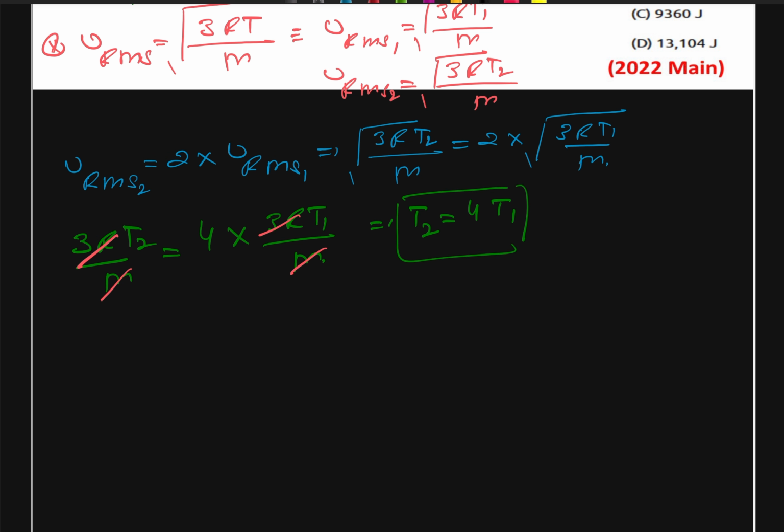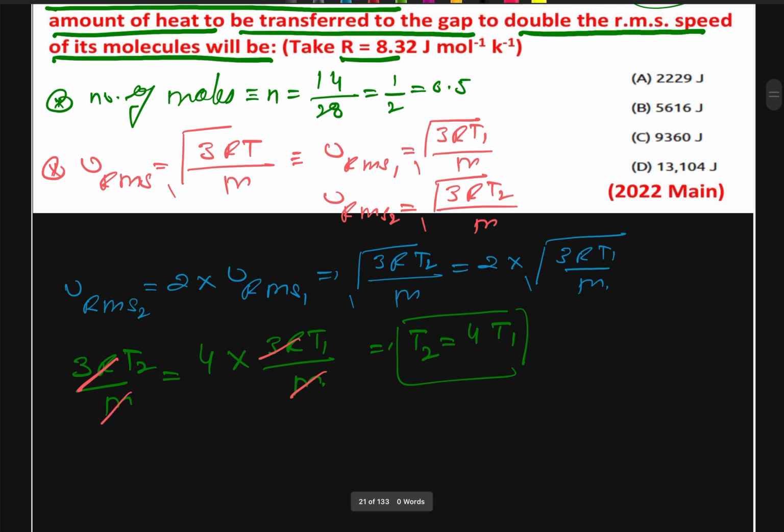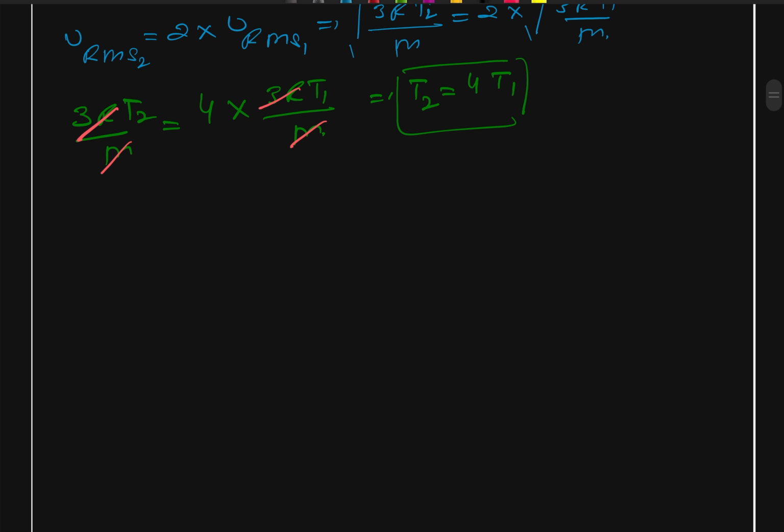and T1 is our initial temperature, which is given as 27 degrees centigrade. So we know that our T1 is 300 Kelvin. Therefore, we can say our T2 will be equal to 1200 Kelvin.